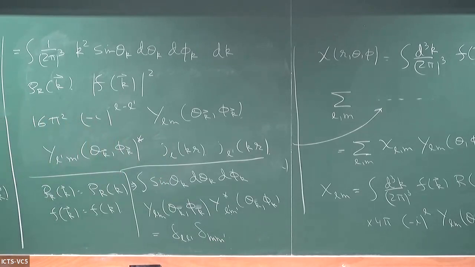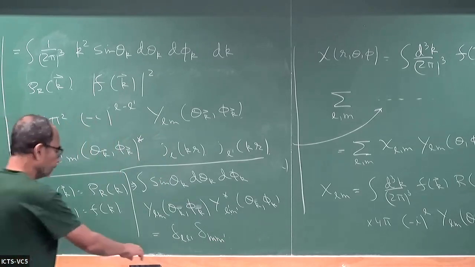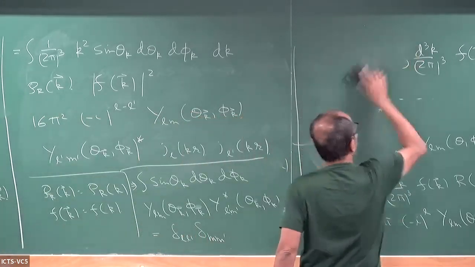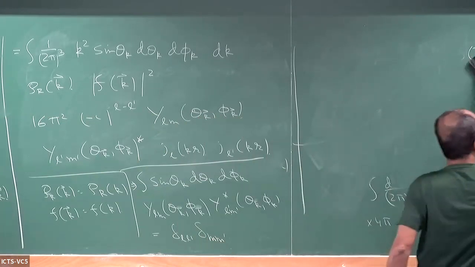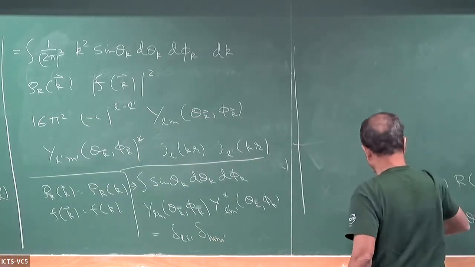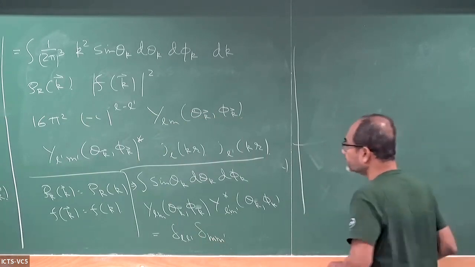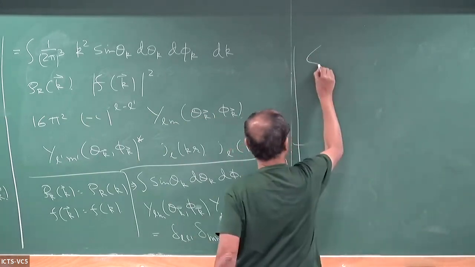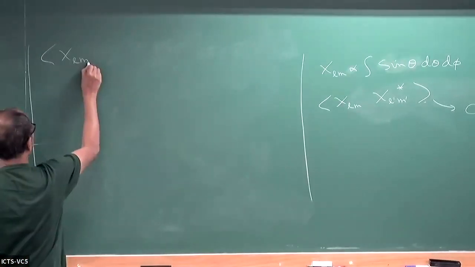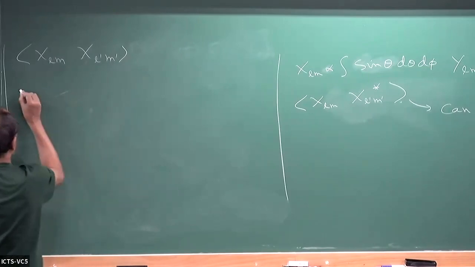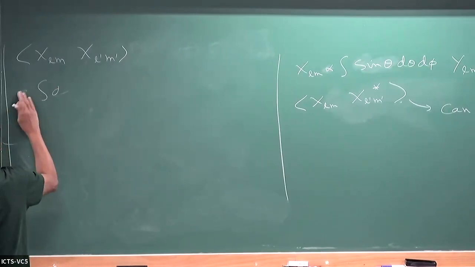Is it clear? So this gives you chi lm chi l prime m prime star as integral dk. Okay, let me write the factor.